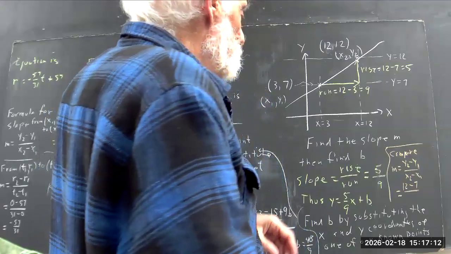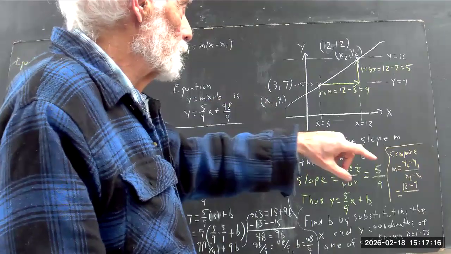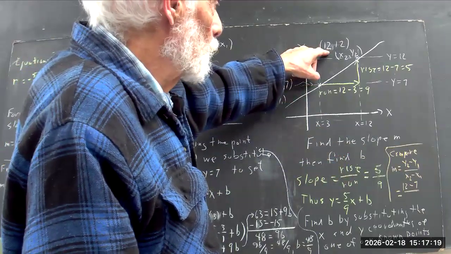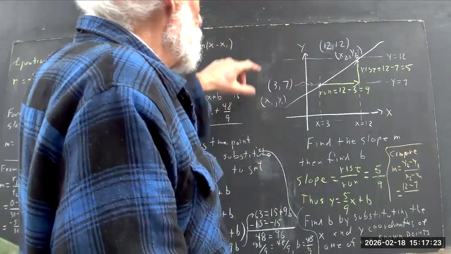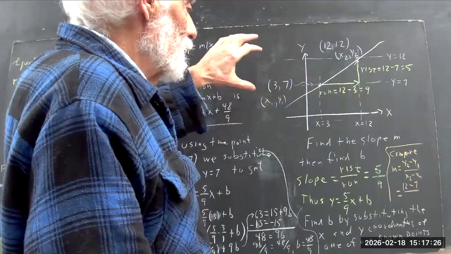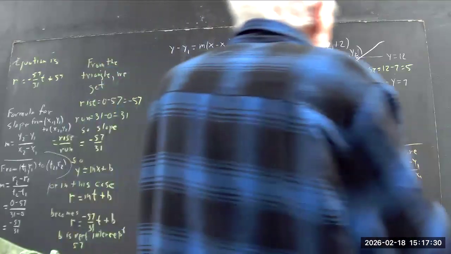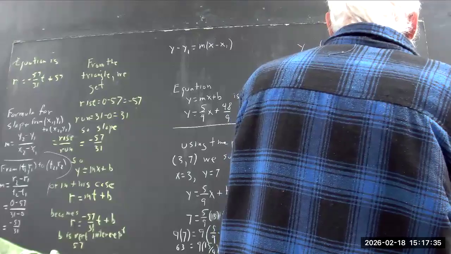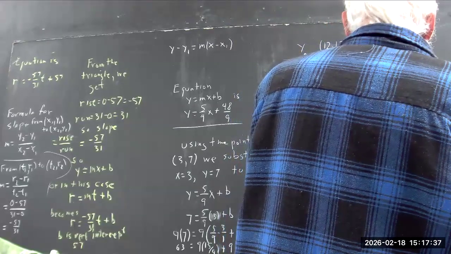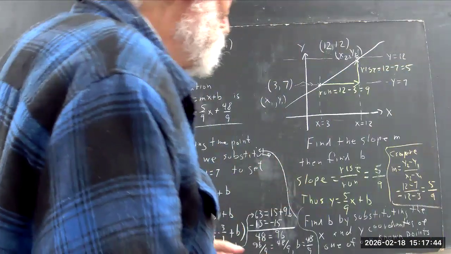And now we do x2 minus x1. X2 is now 12 because I've changed the second point to 12,12. X1 is the x coordinate of the point 3,7, so x1 equals 3. And we have 12 minus 3. This comes out 5 over 9, same as it did with the triangle.